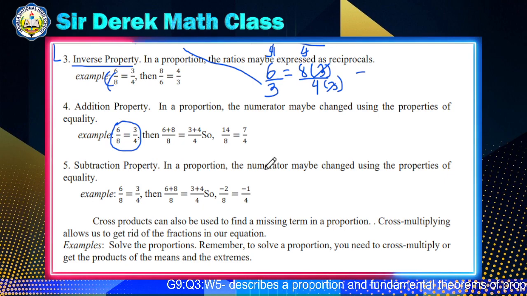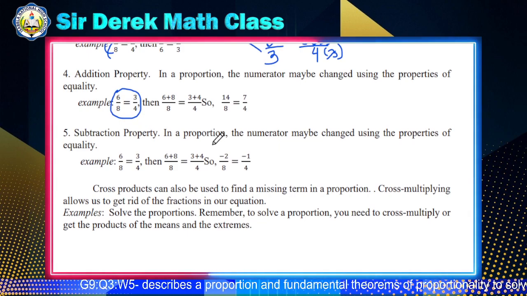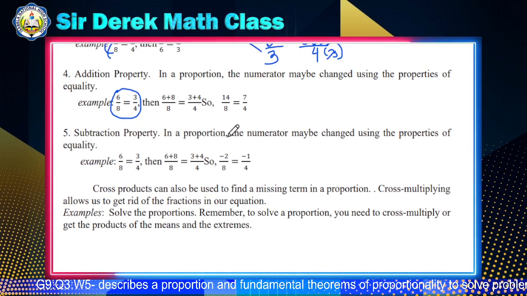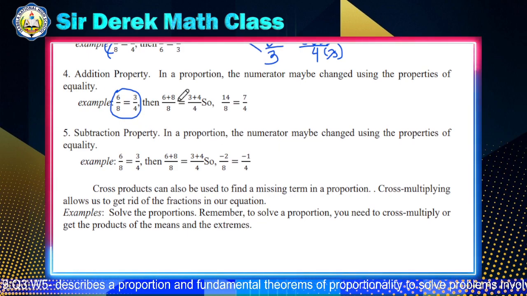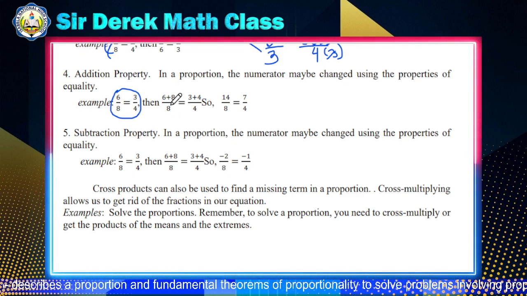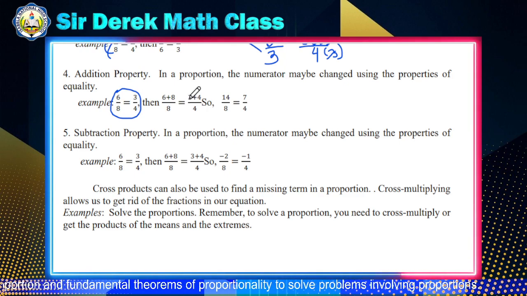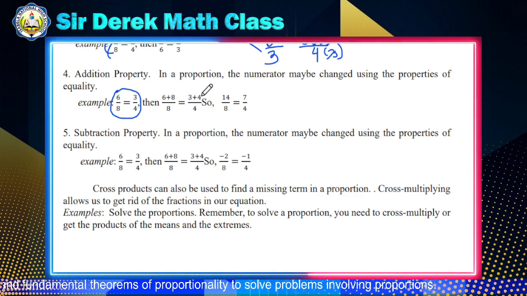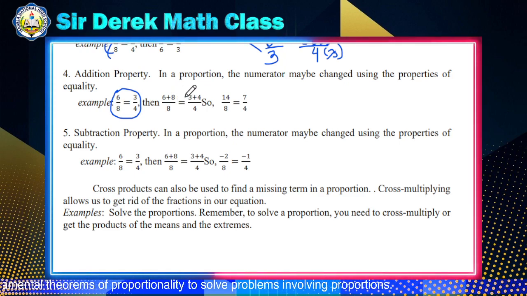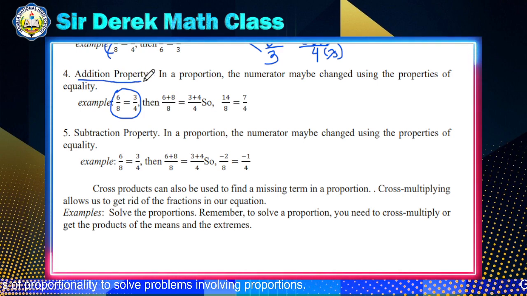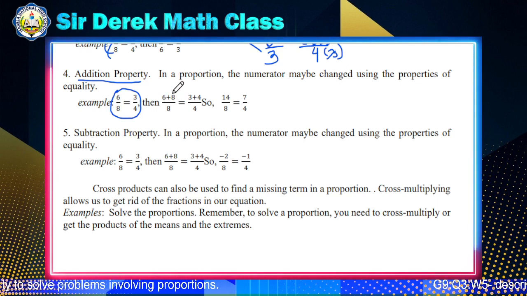Nakuha ninyo? Ito, i-explain ko na mas simple. Sa addition property ng ratio natin, what we will add here is not the same. Diba? Sa addition property of equality, kung anong inadd mo dito, yun din dapat ang i-add sa kabila. But this is different because the addition property in proportion is what we are looking at is the pattern.